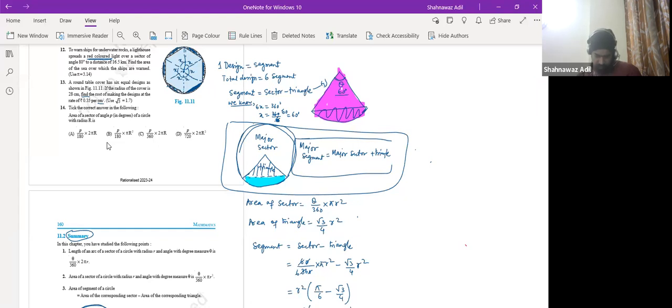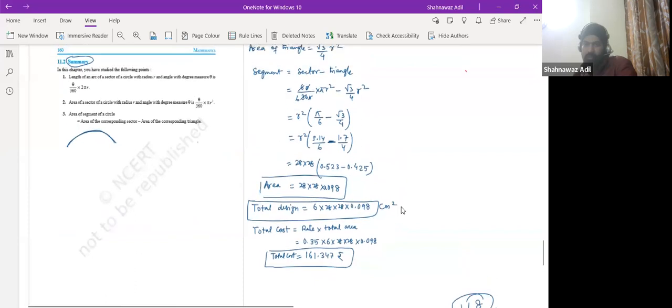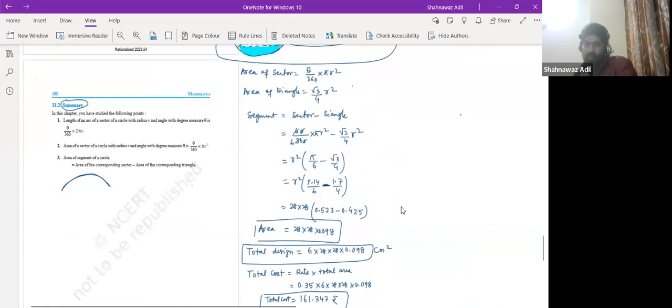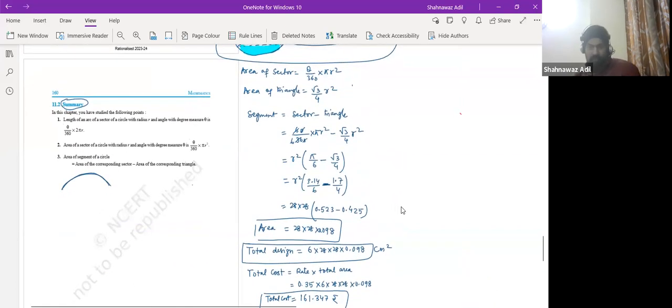Can you scroll? In this question, you did not put the value of pi. Yes, so we can use any value of pi. Pi 3.1 for this, right?